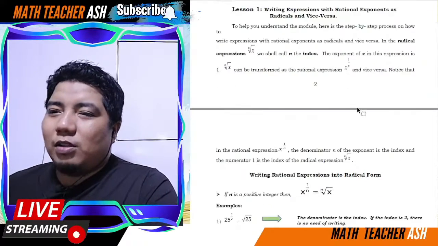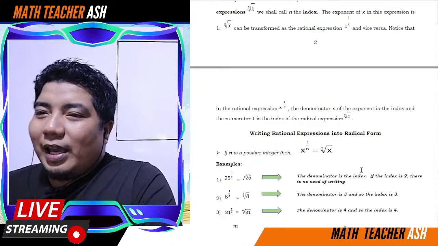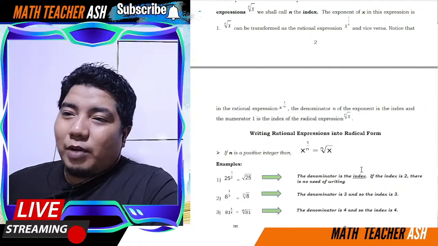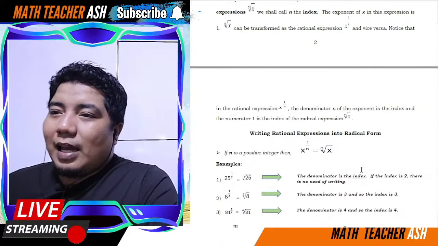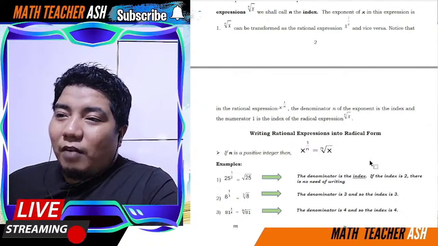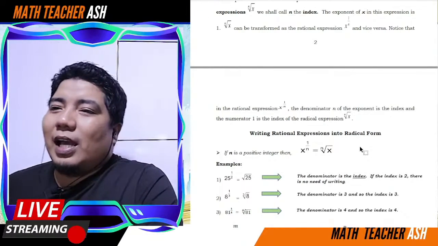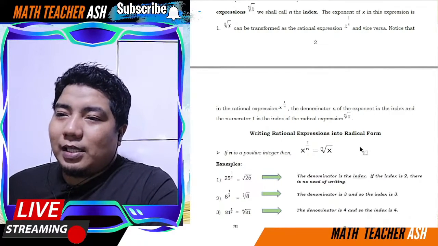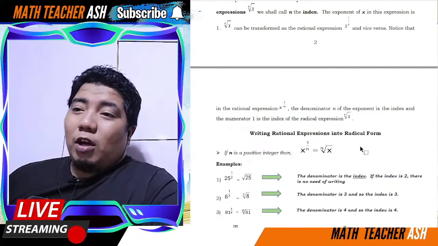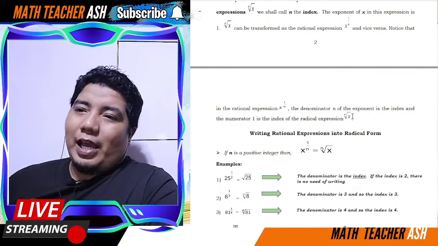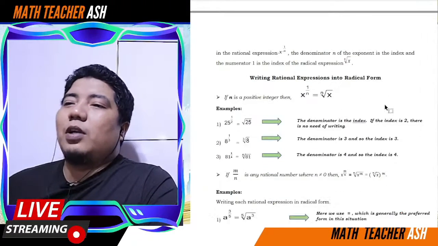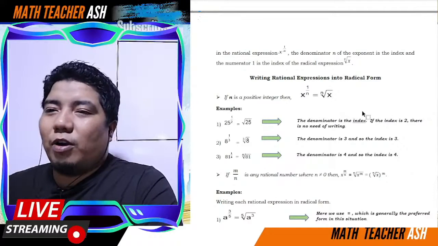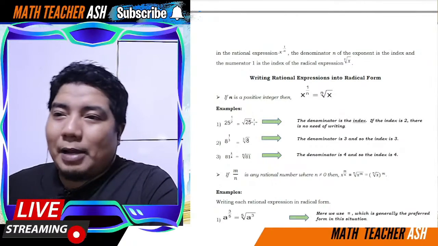Now, let us continue. So we have here, notice that the rational expression, x to the power of 1 over n, the denominator n of the exponent is the index. At yung numerator naman is the exponent of the radical expression, which is the x. Okay, x to the power of 1. Okay, so writing rational expression into radical form. Now, kabaliktaran naman.